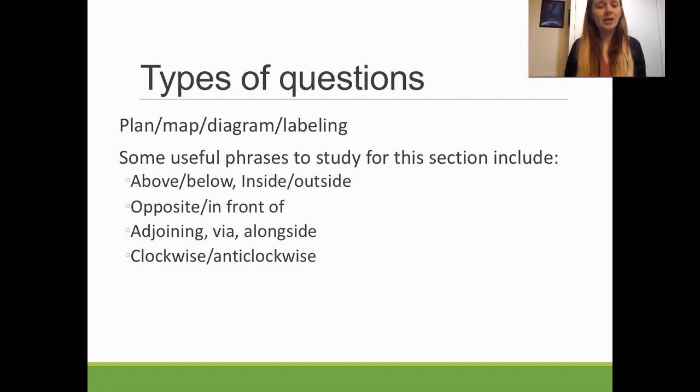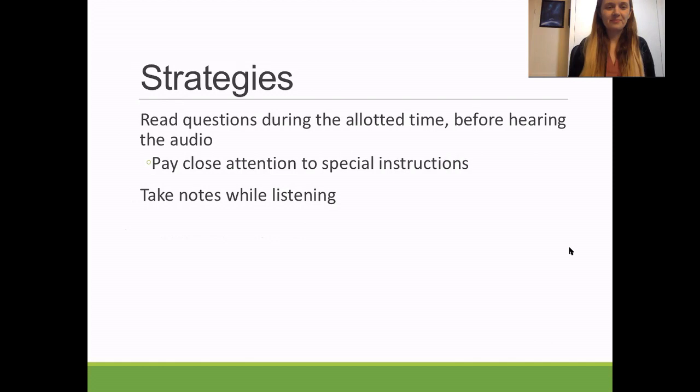Clockwise and anti-clockwise. So they might describe something from the top position and then say going anti-clockwise from there. So you have to be familiar with which way is clockwise and which way is anti-clockwise.